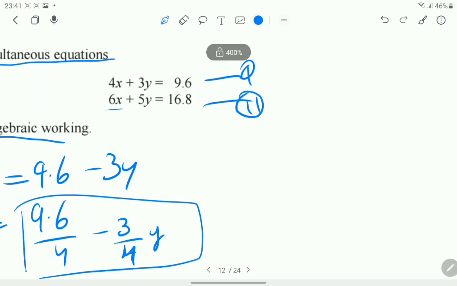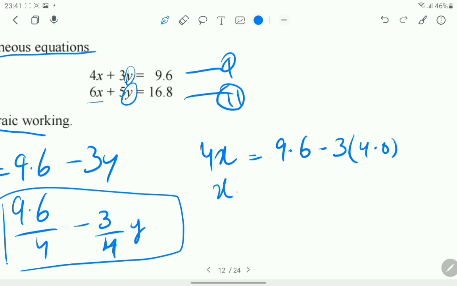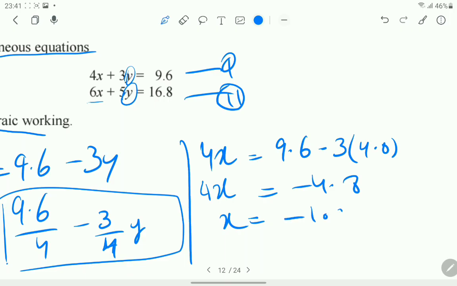So just put the value of y here or here, preferably in the second equation or the first, it doesn't really matter, and you get the value of x. So 4x would be 9.6 minus 3, and we just calculated y is 4.8, so 4x would be 9.6 minus 3 into 4.8, minus 4.8, x would be minus 4.8 divided by 4, and it would be minus 1.2.